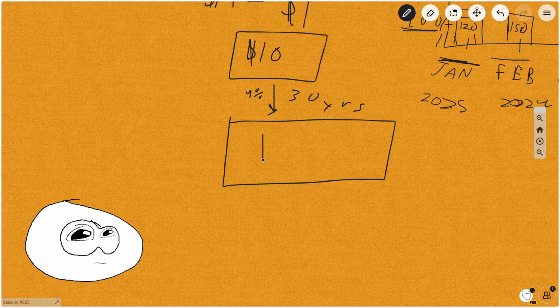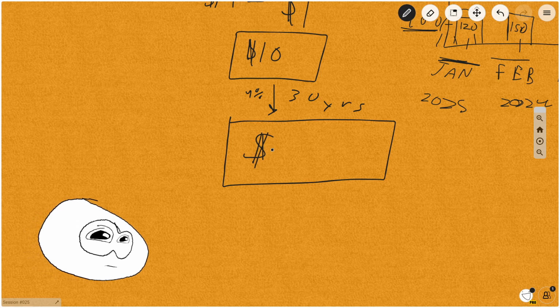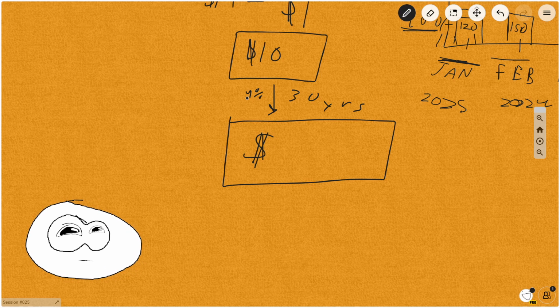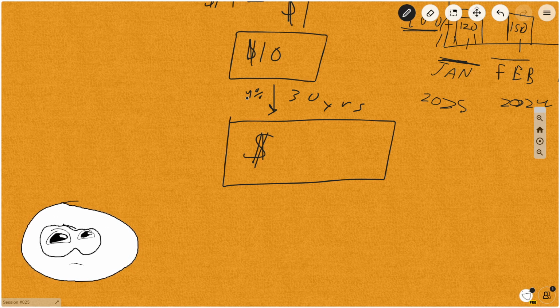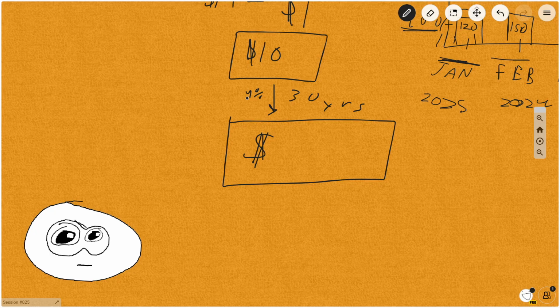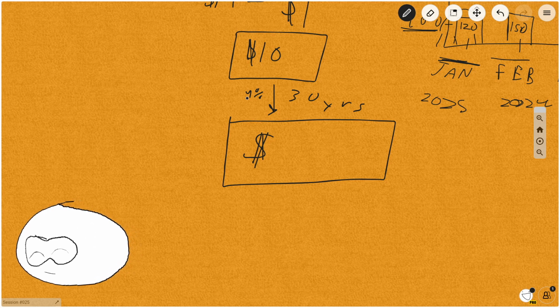And then those $10 become magically... Let me bust out the calculator for this one. Now, if I recall correctly, it compounds.